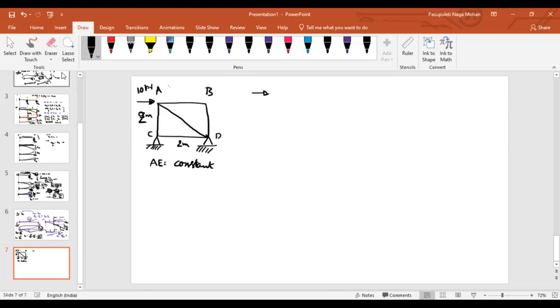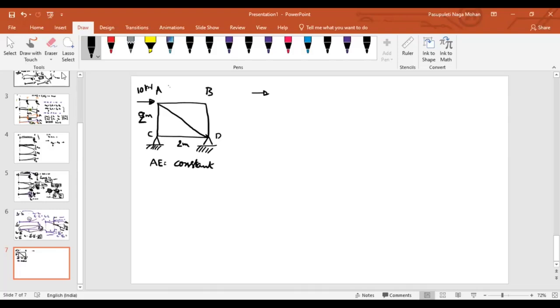What is the first step you have to do? You have the static indeterminacy and you have selected the unknown. Next step, after the indeterminacy and number of unknowns, what is the next step? Release the reaction, sir. After releasing, that means you will change the support, right?